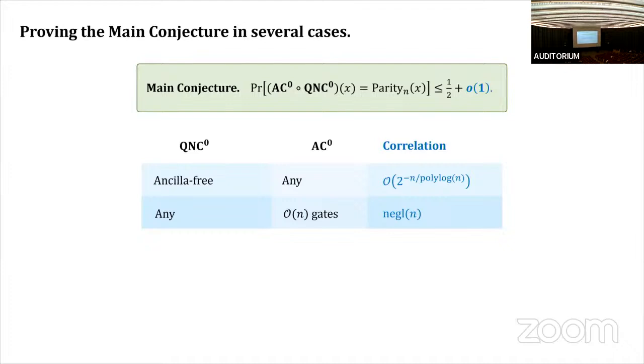Now, this second case actually is kind of a corollary of a slightly more technical case. So again, any QNC0 circuit, but instead of bounding the number of gates in AC0, we can instead bound this measurement of complexity of the function implemented by AC0.